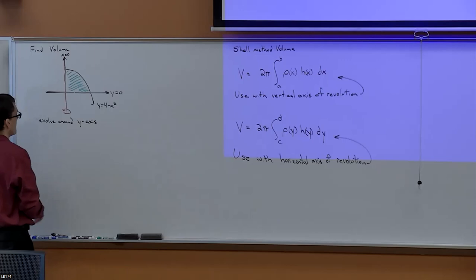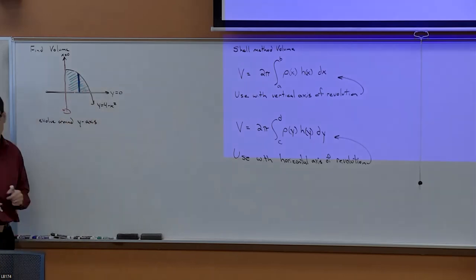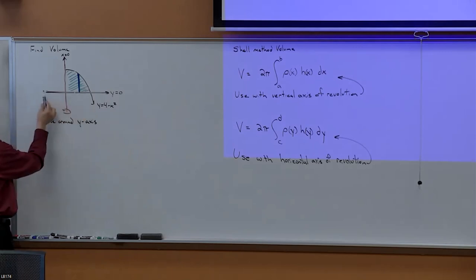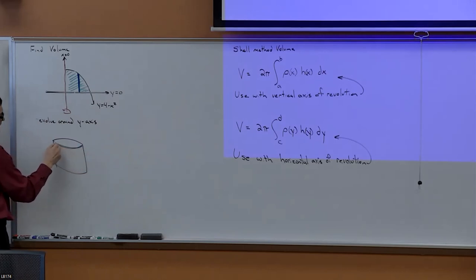What the shell method says to do is take a representative rectangle, not just a rectangle, but there'd be infinitely many, right? We're going to take Riemann rectangles, oriented that way. And when you spin that around the y-axis, you get shells. I'm gonna draw a cylinder. That, again, look like pipes or cylinders or whatever, right?